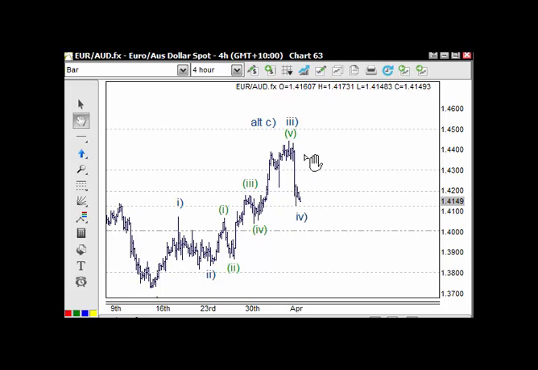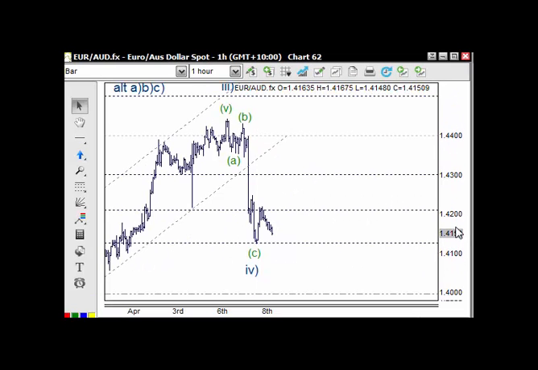But I have to say that this move down through here is developing as an impulse wave, and that's what we need to look at, because if, and we'll know this in a moment, we get 5 waves here, then we'll get a 3-wave counter trend, and then we'll get another 5 down from that point. So it is important what's happening here on the intraday. It will sort the pathway out that we need to take.